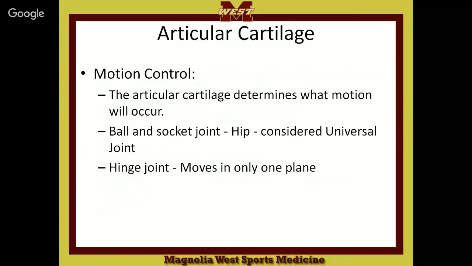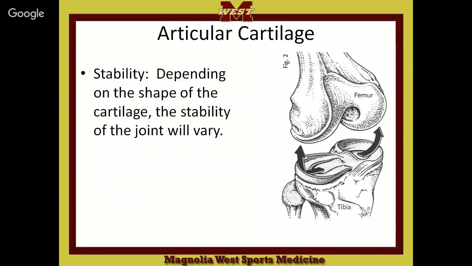Obviously, if it's circular, it's a whole lot easier to move it than in the meniscus of the knee. So here's your stability. It depends on the shape of the cartilage. The stability of the joint will vary. So we see the femur right here, and we see two big suction cups that hold it down, but it doesn't have suction.